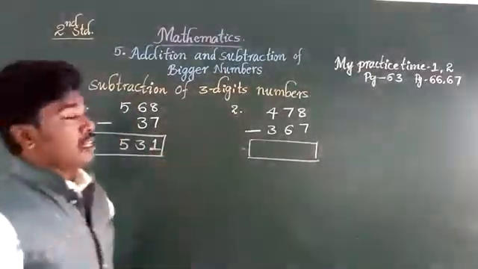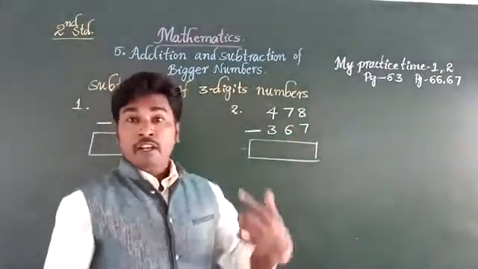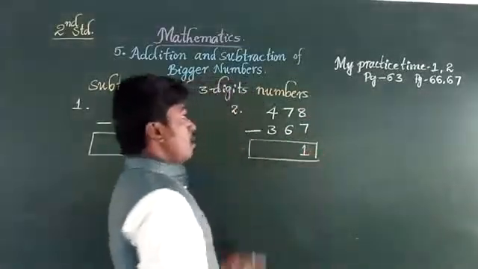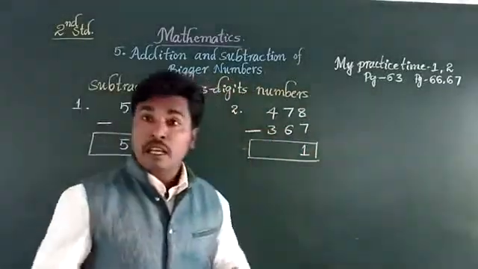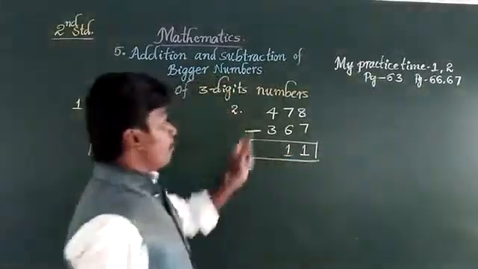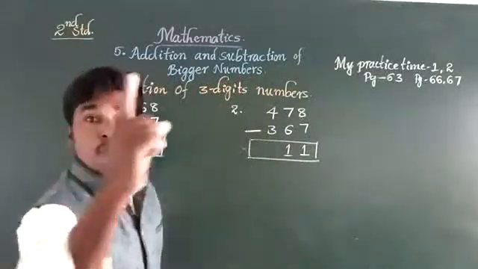Now you come to the second problem. 8 minus 7. Again, when you subtract 7 from 8, you get 1. 7 minus 6 is also 1. 4 minus 3, what is the answer you got? 1.